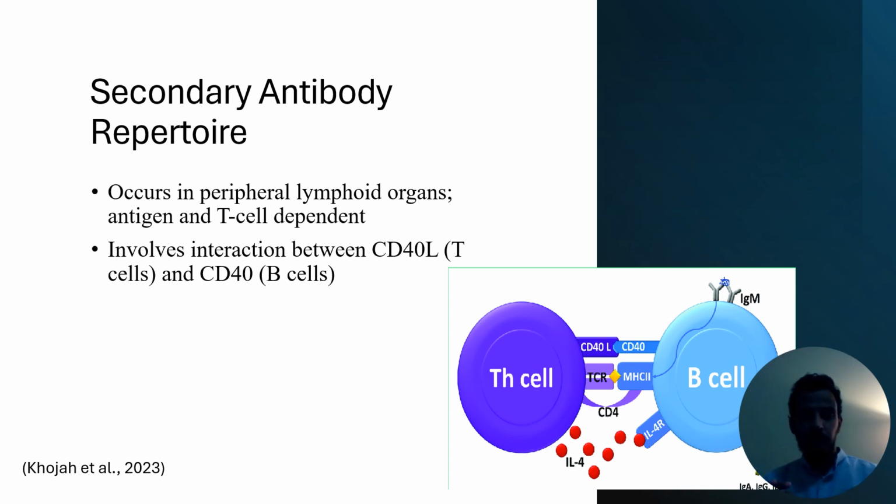This interaction is vital for B cell activation and the production of high affinity antibodies, enabling a more effective immune response. So when B cells present antigen via MHC class II molecules, they receive help from CD4 T helper cells. T helper cells are activated by recognizing antigen and release cytokines that help the immune response.